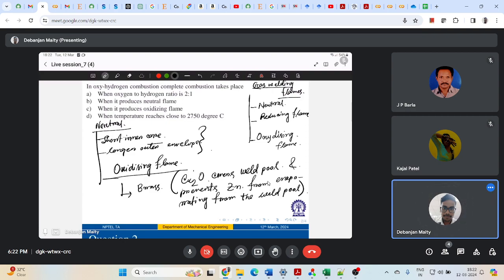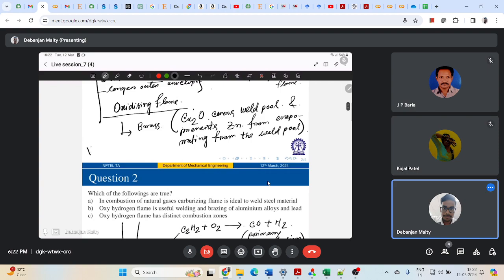And yeah, I will mention it as a note. So C2H2 is violently explosive and dissolved into acetone to keep it in the cylinder.